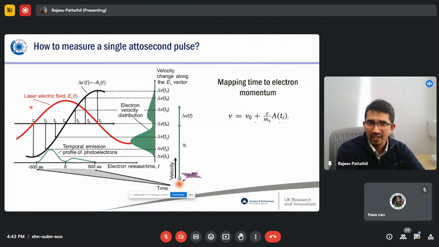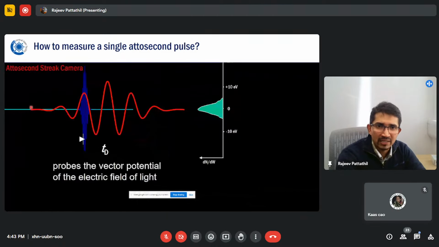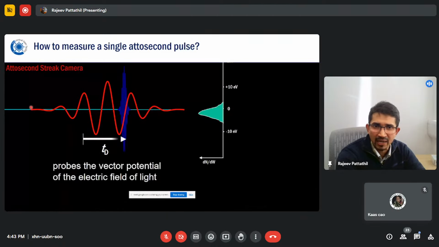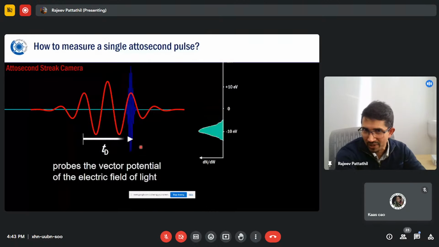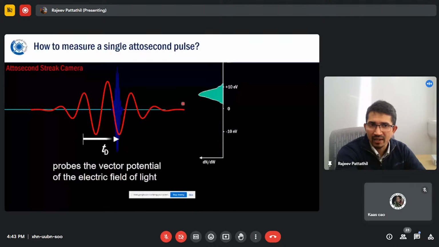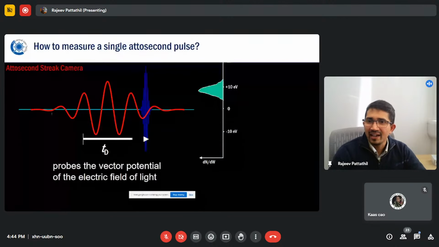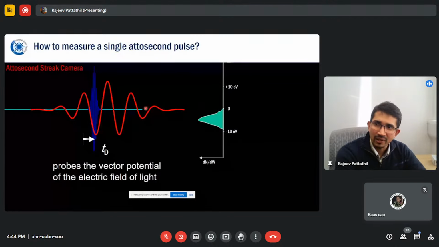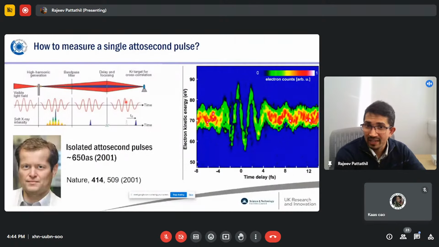Just to show it pictorially how they sweep it, you basically have this XUV pulse that is coming in, which produces photoelectrons from the gas jet, and you sweep the infrared light field across it to look at the energy. Then you get this famous picture where a single attosecond pulse was imaged for the first time.